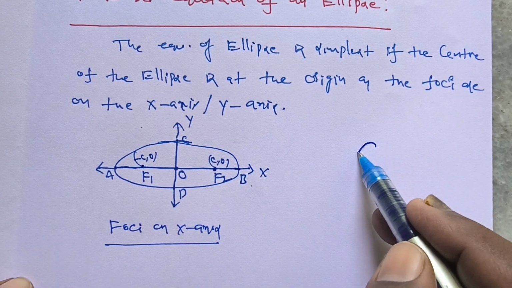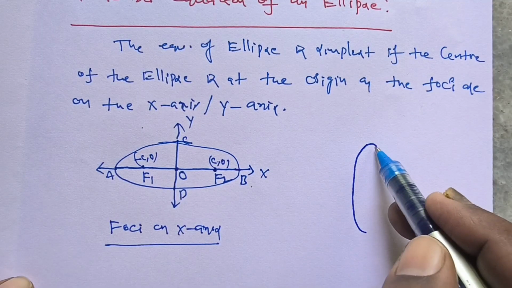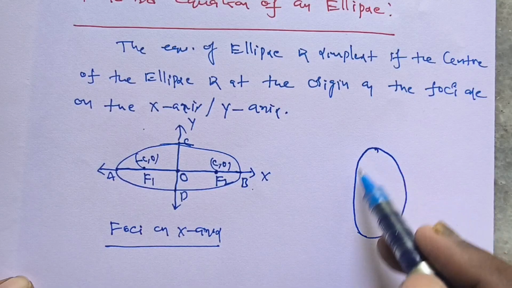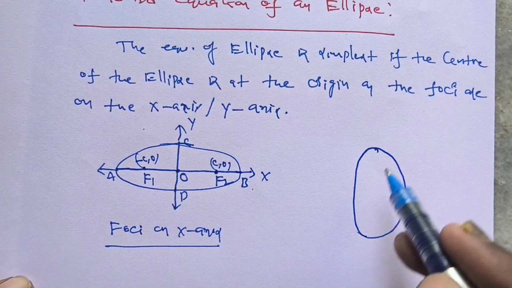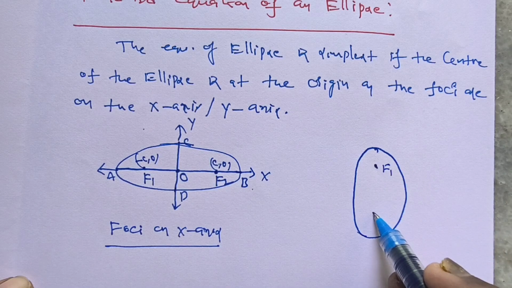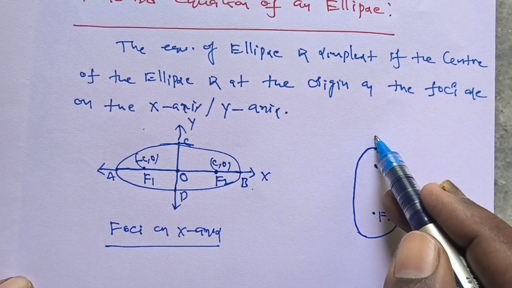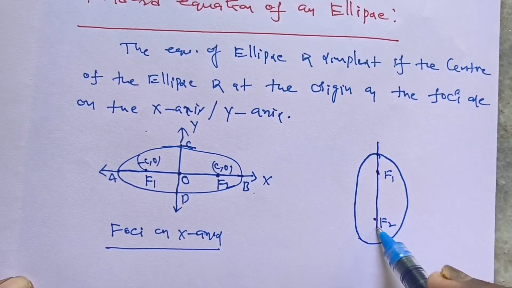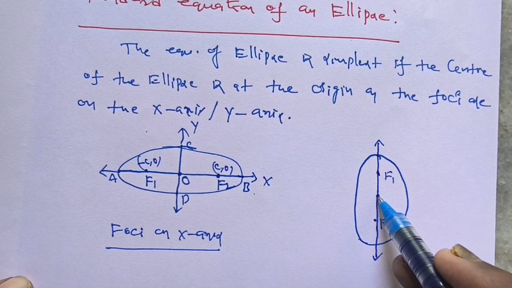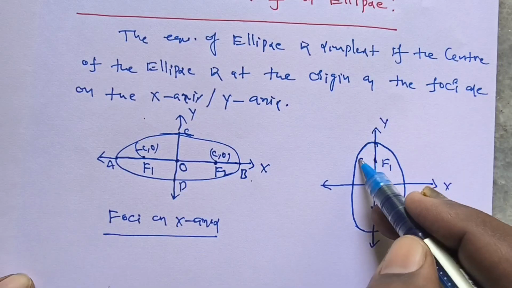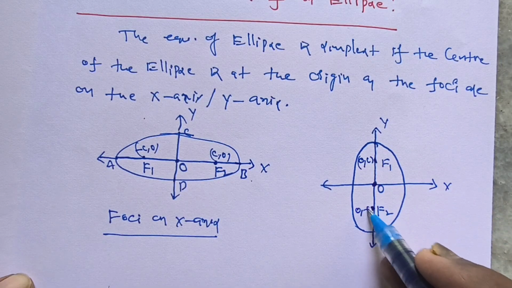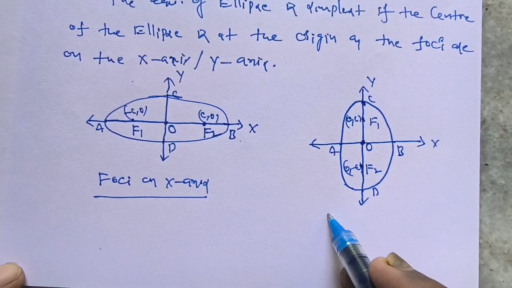If the foci are on the y-axis, the ellipse figure looks like this. In this case, this is F1 and this is F2. A line passing through F1 and F2 is the y-axis. This is a vertical line, and the line passing through its midpoint O perpendicular to the y-axis is the x-axis.